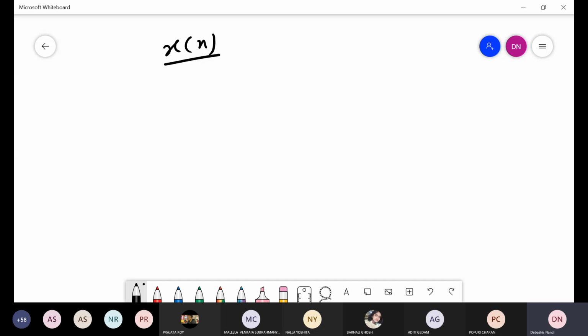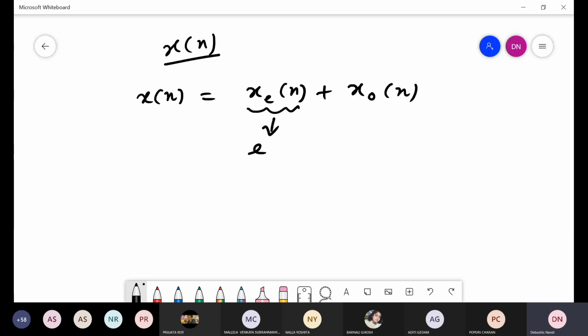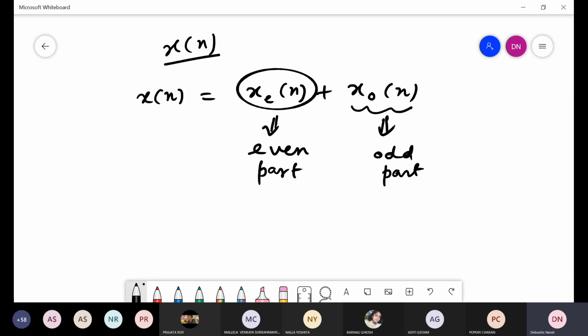That means any signal x[n] can be written as xe[n] plus xo[n], where xe[n] is the even part of the signal and xo[n] is the odd part of the signal. Now let us try to find the expression for xe[n] and the expression for xo[n].